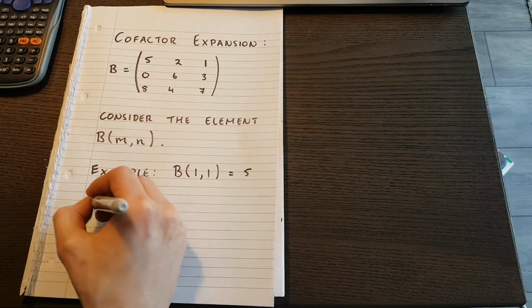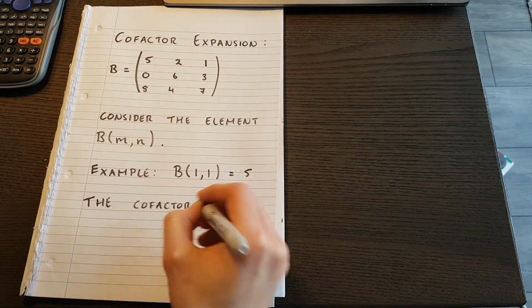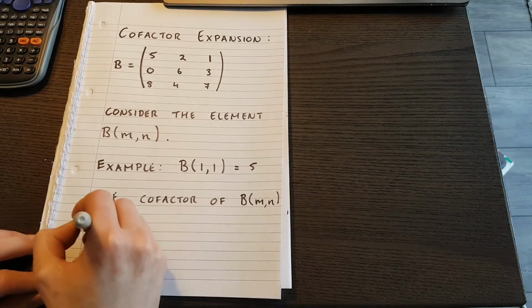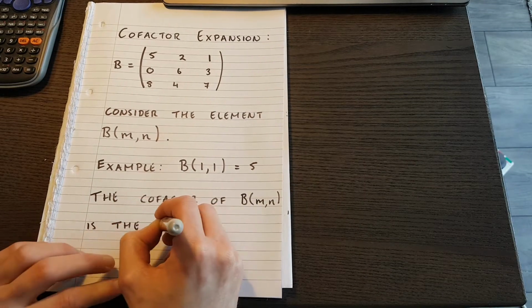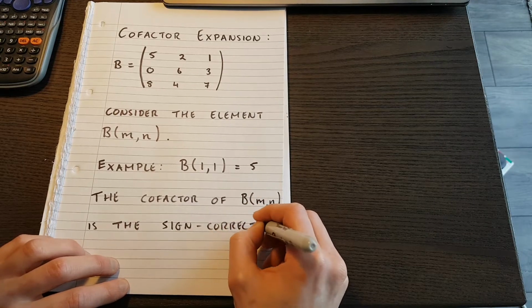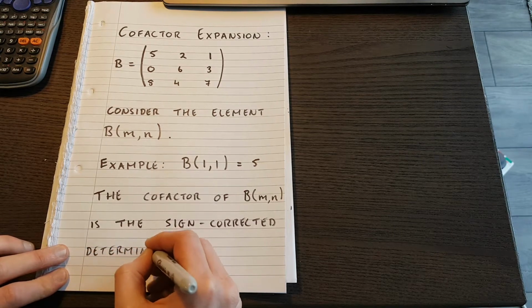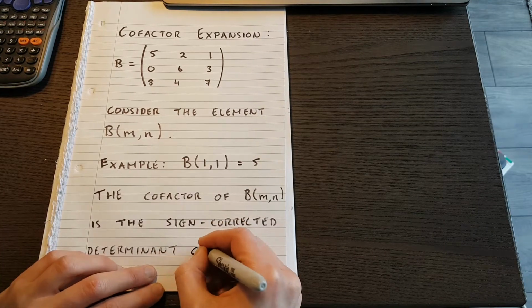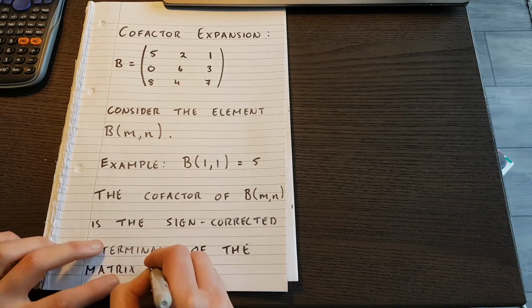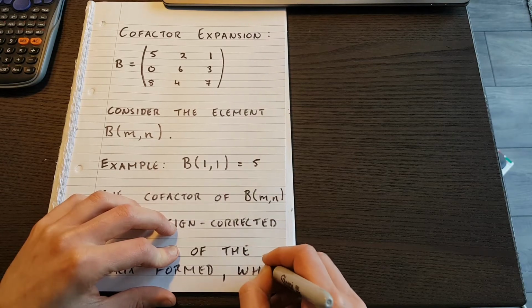Well, the cofactor of BMN is the sign corrected determinant of the matrix formed when, and what do we do?